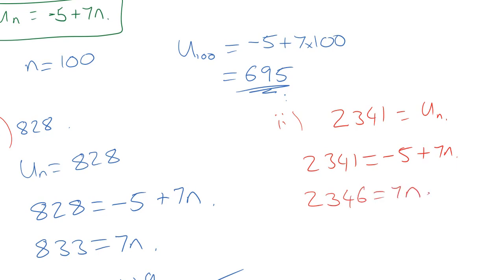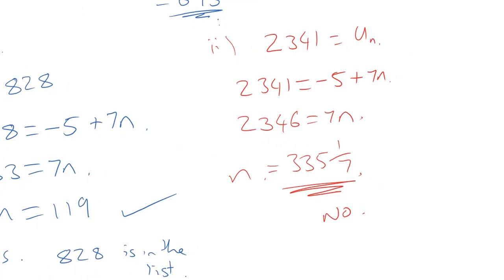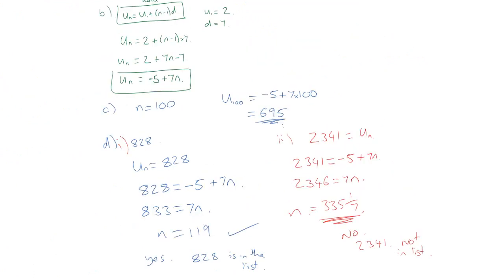Now, if we divide that through by 7, we get n equal to 335 and a 7th. Now, this can't work. There's no way we can have the 335 and a 7th term in a list. So no, 2341 is not in our sequence, I should say. So that one is a no.